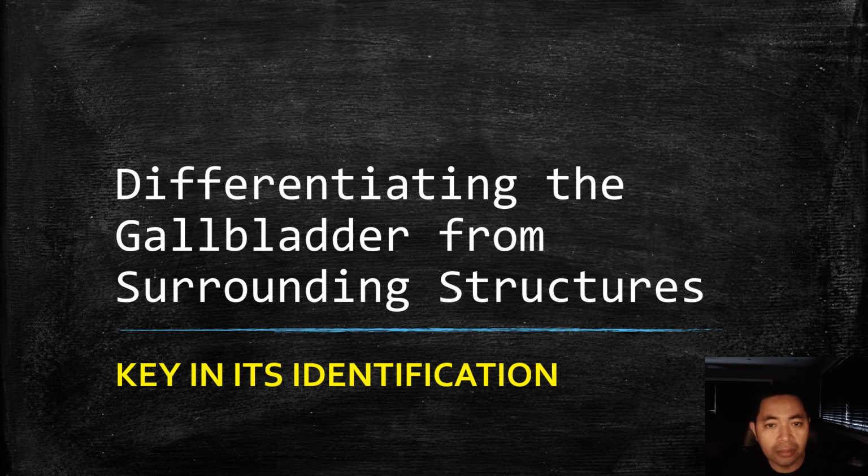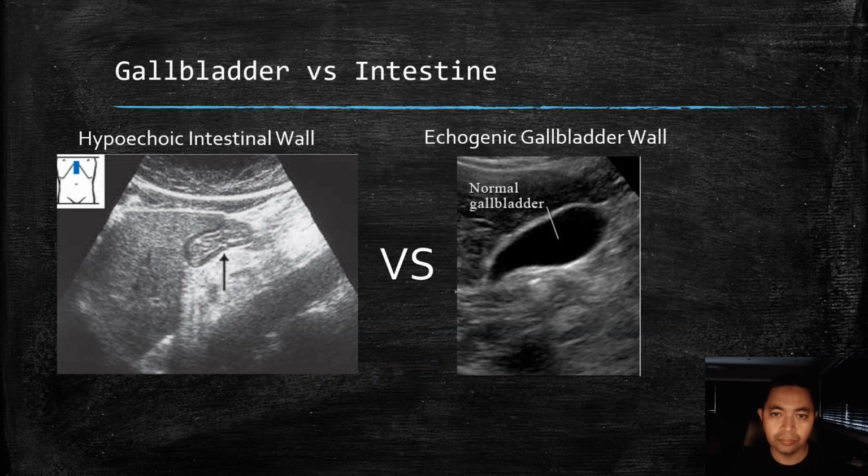Differentiating the gallbladder from other structures is key in its identification. The duodenum, or other intestinal loops, is a frequent area of confusion, as they have similar appearances on ultrasound.